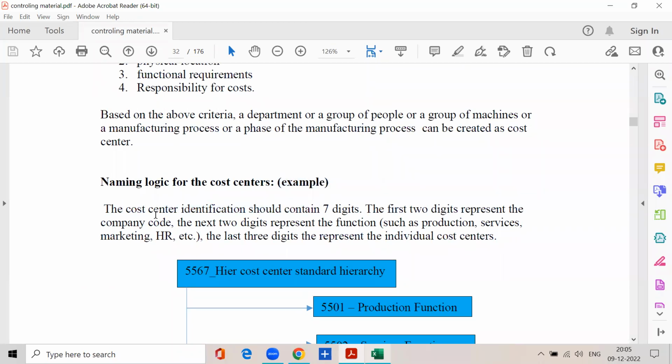The cost center identification should contain 7 digits, which is my requirement. I want to have 7 digits in my cost center identification. The first two digits represent the company code. The next two digits represent the function, such as production, services, marketing, HR. Then the last three digits represent the individual cost center.